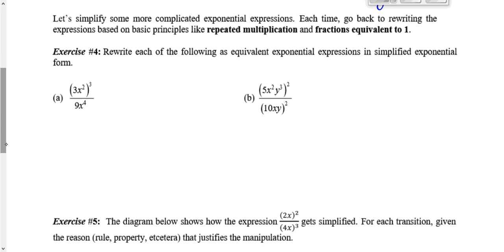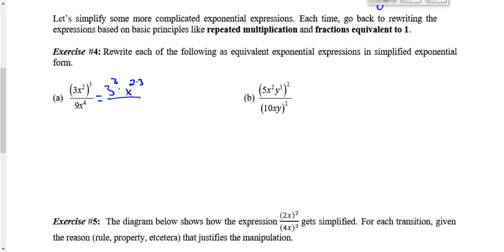All right, let's take a look at what we got down here. Let's rewrite these as equivalent simplified expressions. Well, let's take the top. What's getting cubed? All of it. The 3, so it's going to be 3 cubed times x to the 2 times 3, right? Because it's power to a power, right?